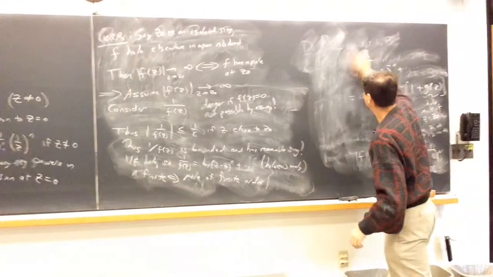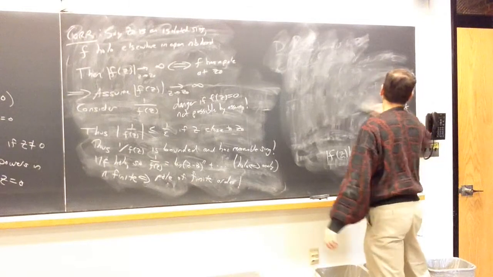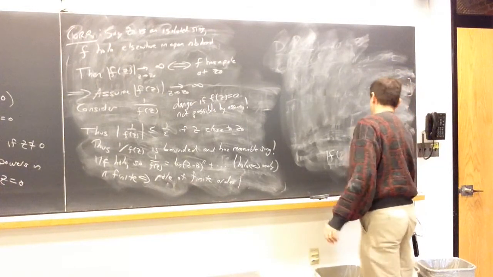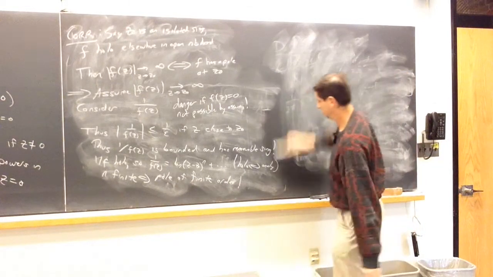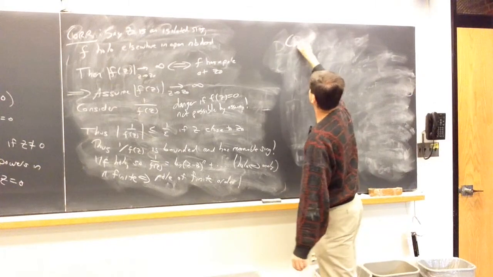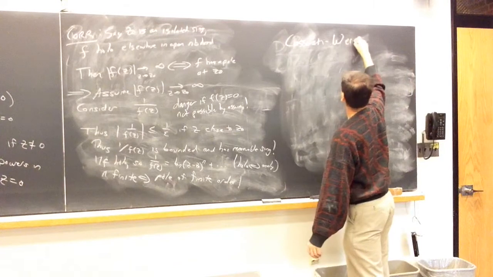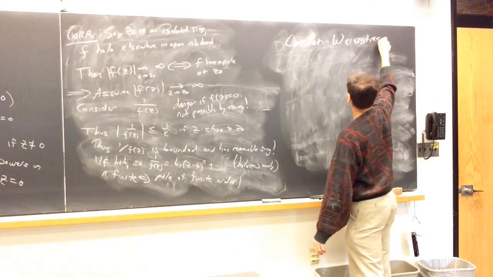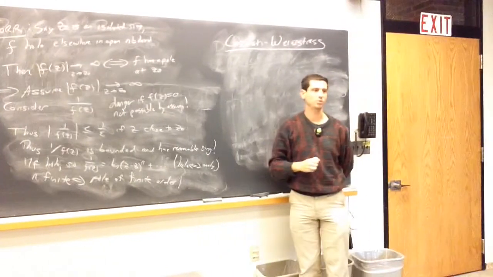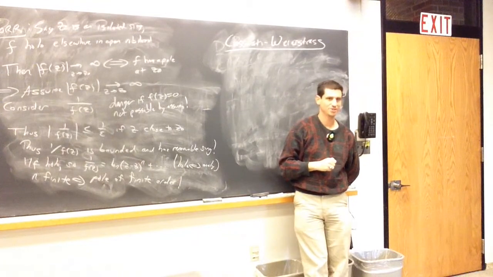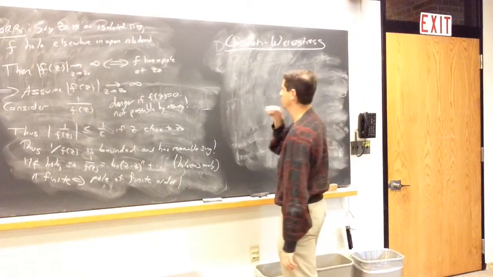So we get some incredible behavior. We're never going to see, I think, Casorati again this semester, sadly, but we will see Weierstrass several times. So Casorati-Weierstrass is the following.